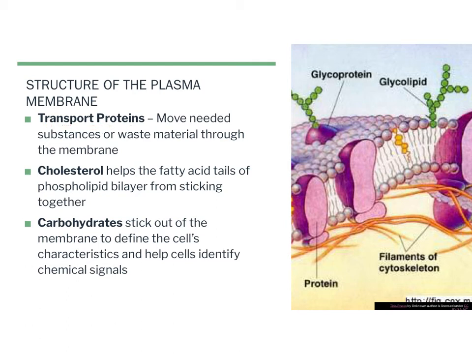When we look at the word transport, hopefully you're thinking transportation or movement. These are proteins that span the entire thickness of the plasma membrane, and they either allow certain substances in through the plasma membrane and into the cell, or they allow certain waste materials out of the cell and into the external environment.